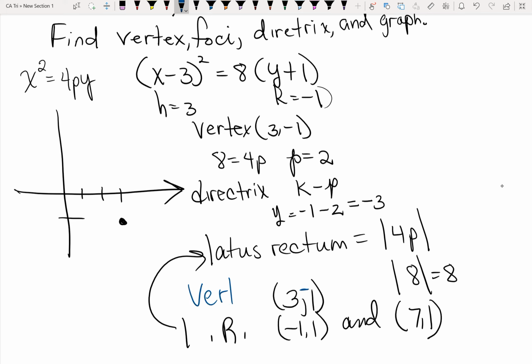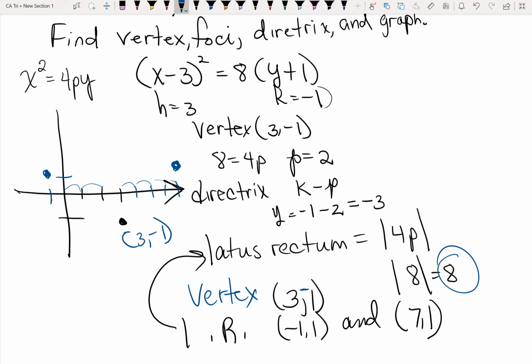So this is our vertex. Again, at (7, 1), this would be my endpoint to the latus rectum. And at (-1, 1), this would be the other endpoint. Notice that if I were to count units, this is 1, 2, 3, 4, 5, 6, 7, 8 units. You get that from that. Okay?